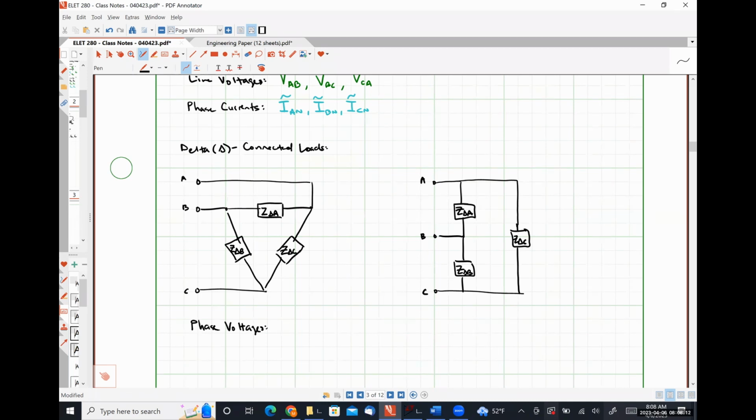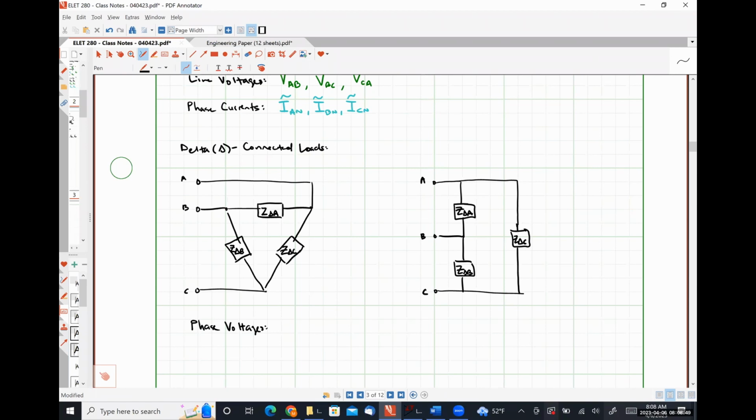So what should our phase voltages be in this system? As a reminder, a phase voltage is the voltage drop over a single phase of our load here. But what is it going to be? What are the labels going to be? We're using a double subscript notation for everything.